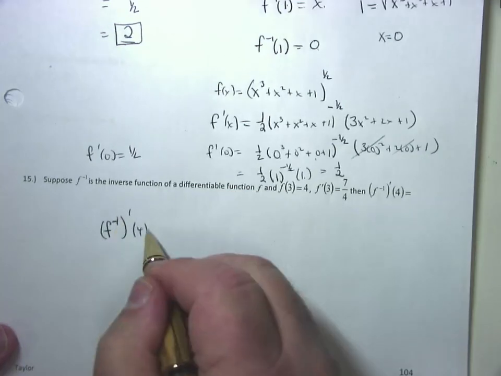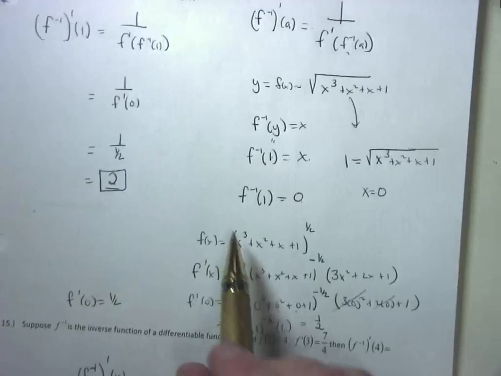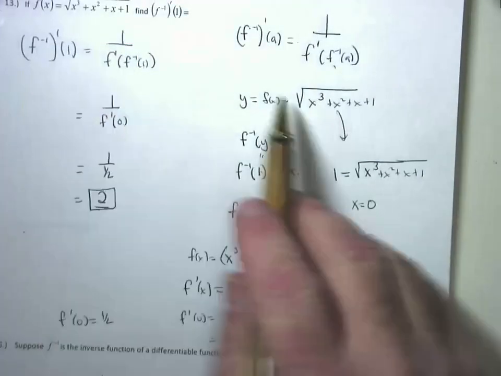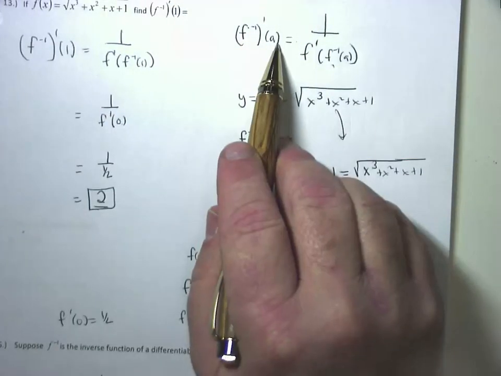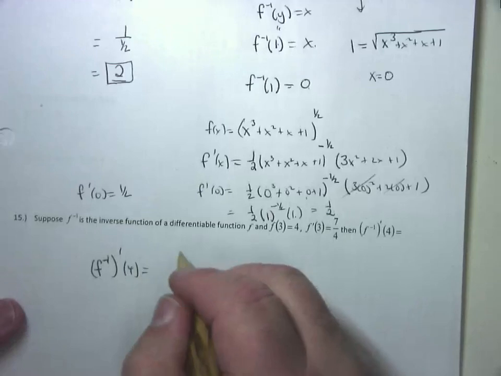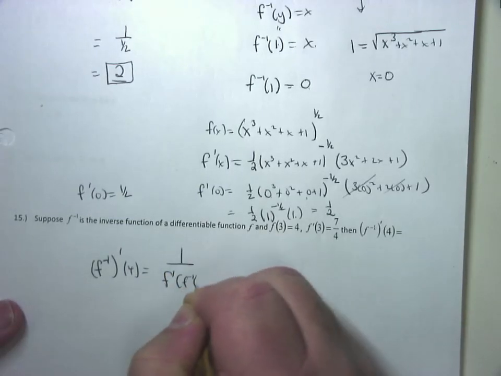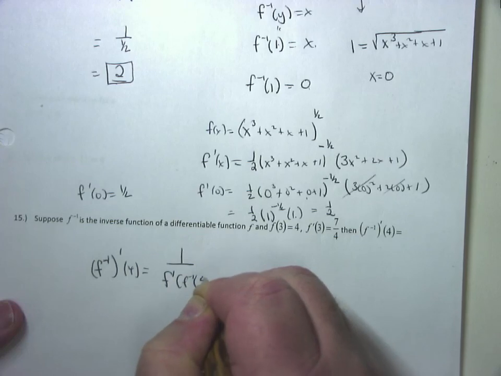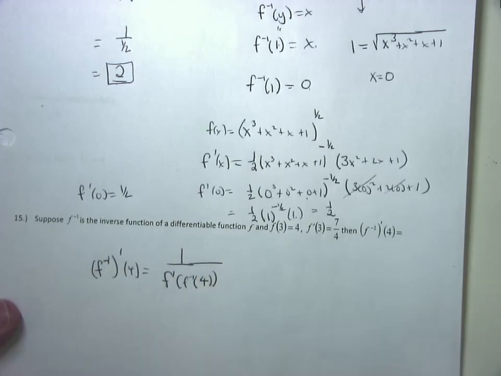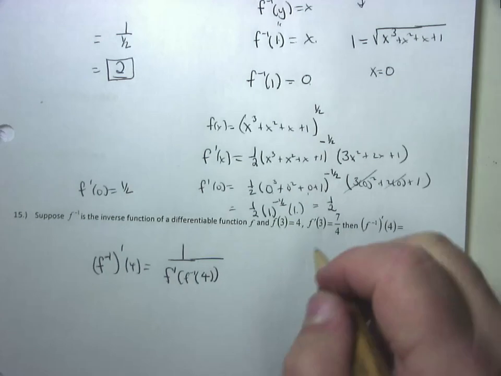Well, f inverse prime of 4 comes from the formula f inverse prime of a, which by definition is equal to 1 over f prime of f inverse of a, but a is equal to 4. All I did was replace a with 4 and plug it into my formula. Here's the big deal.